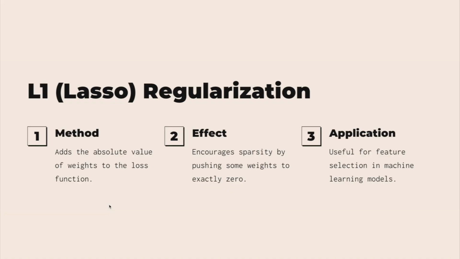So lasso regularization, or L1, adds the absolute value of the weights to the loss function. We don't need to go into the equations here. I don't think that's necessarily important. What this does, though, is it encourages sparsity by pushing some weights to exactly 0. The weights represent the importance of a certain feature. So you have the model learning features based on the data. It's learning, there's a red splotch behind you. What L1 regularization does is it forces the model to make some features meaningless.